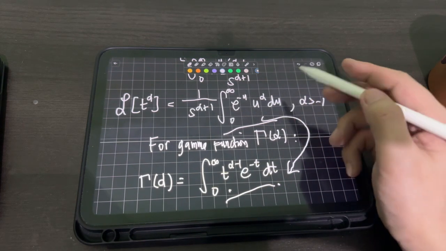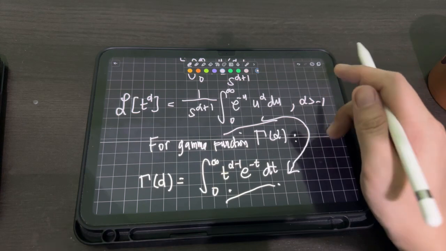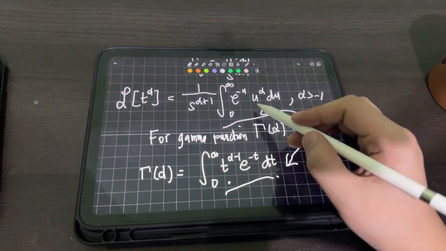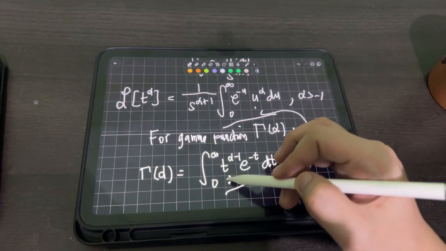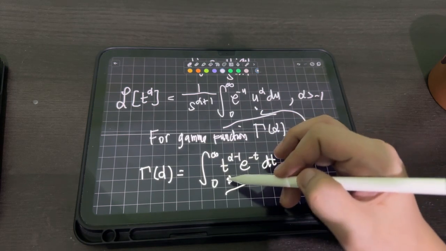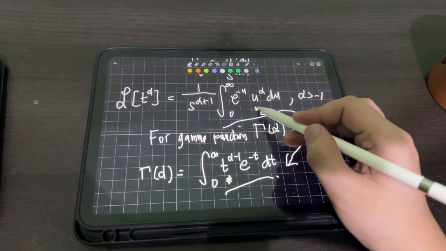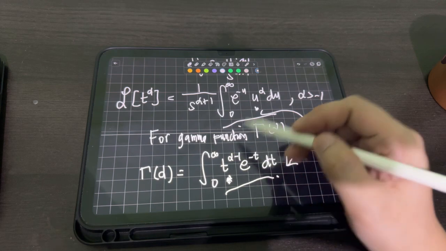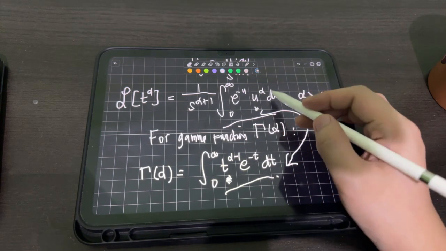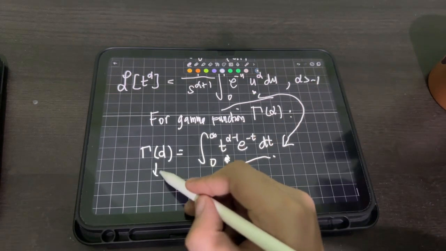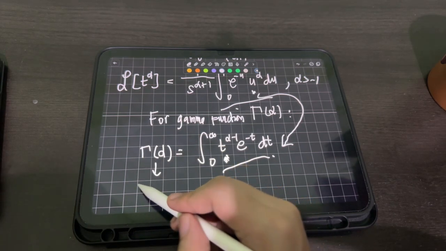Likewise here, u is a dummy variable. They just differ from this power or from this base: the power of t here is alpha minus 1, while the power of u here is alpha. You can adjust in the gamma function here.